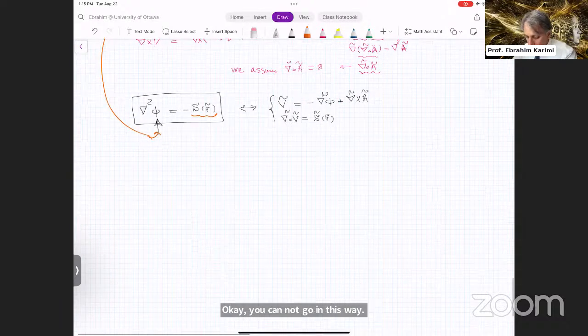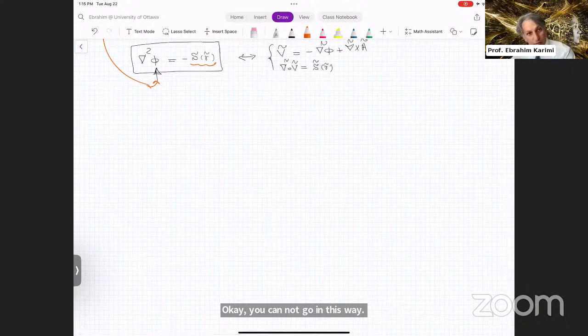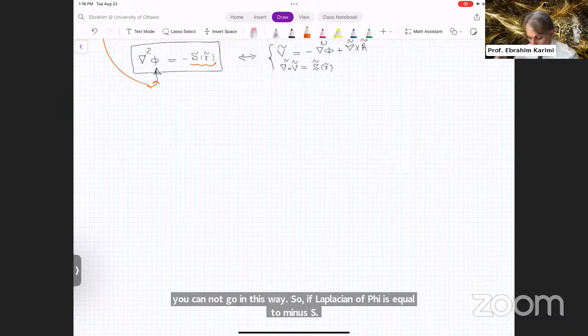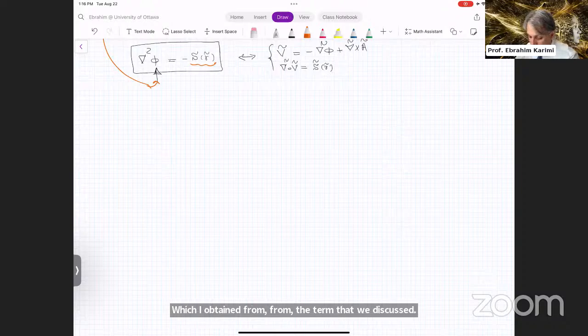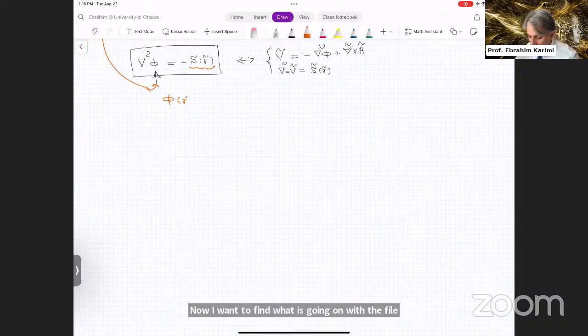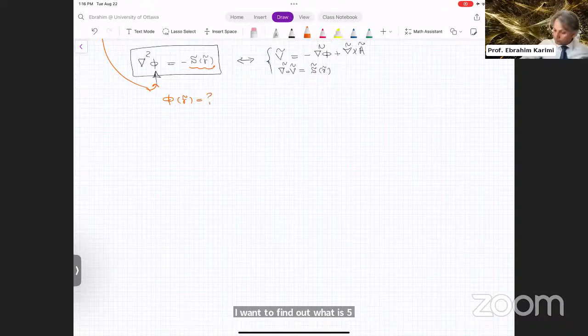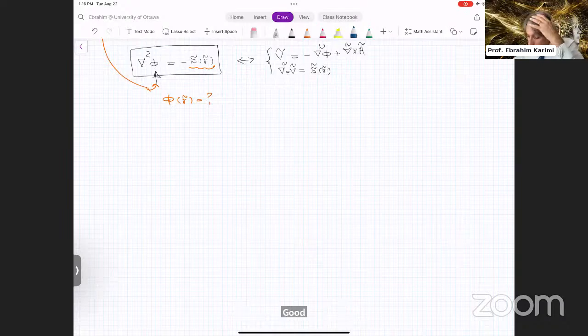So if Laplacian of phi is equal to minus S, which I obtained from the theorem that we discussed, now I want to find out what is phi. Good. Let's review the gauge theorem that we had.